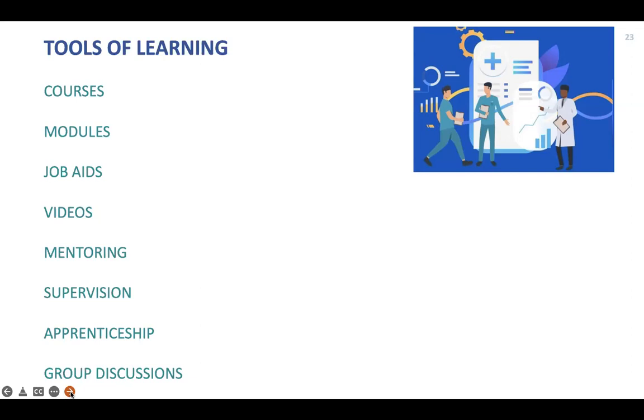Mentoring needs some sort of guidelines and some sort of learning as to how to do it. Same with supervision. Indeed, apprenticeship too, which is very much part of both nursing and medicine. And I think our biomedical engineers are the same. And then we need to learn how to run group discussions and so on. So there's a lot of tools that we have.